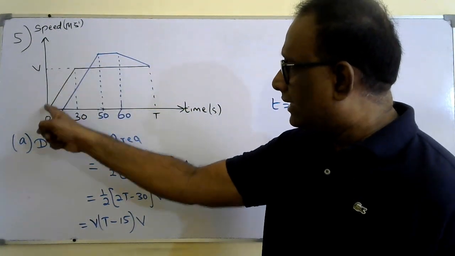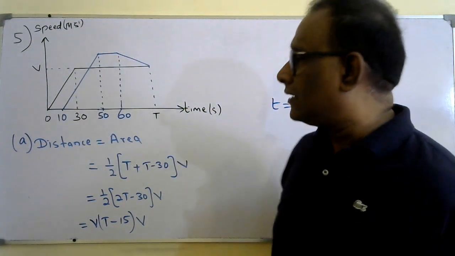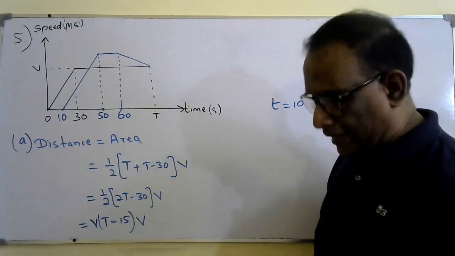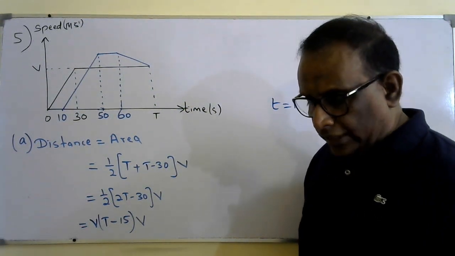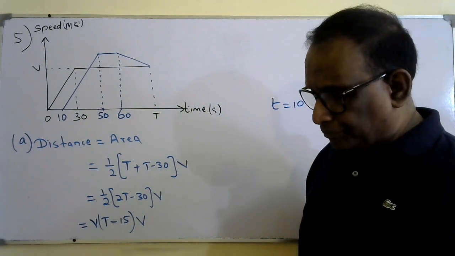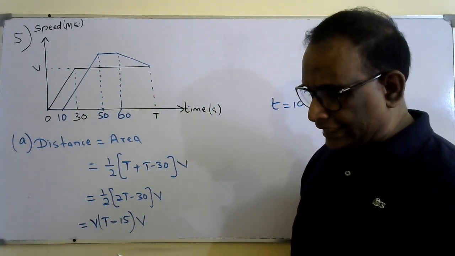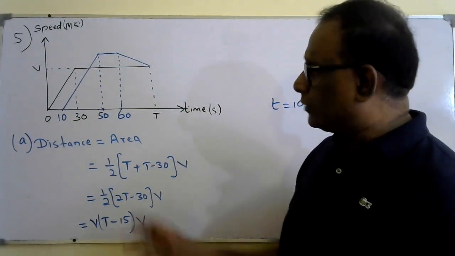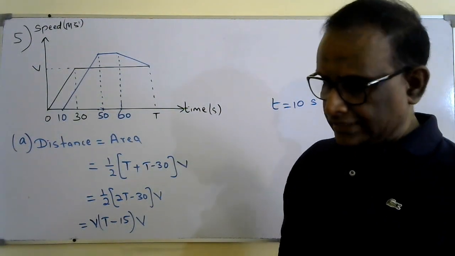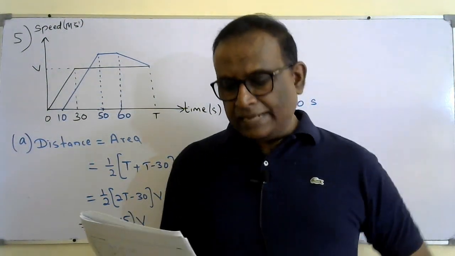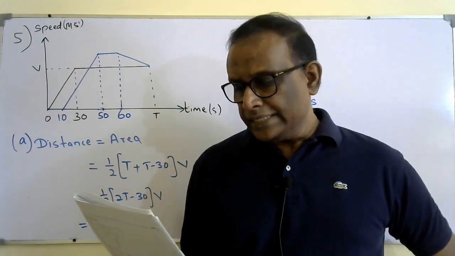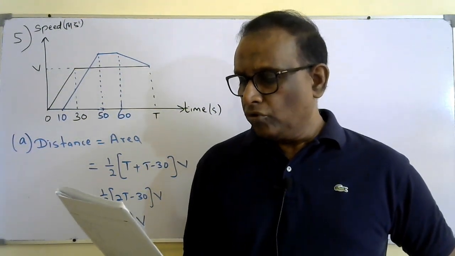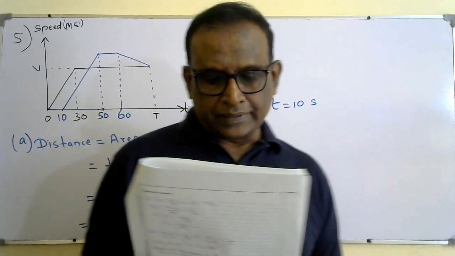This black line and this blue line are parallel because they have the same gradient, same acceleration. Now part B: on figure 2, sketch the speed-time graph for the motion of the motorbike. I already drew it, so that's over.